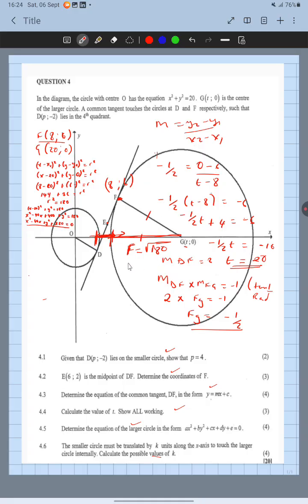So the radius is 6 root 5. What about our radius here? Root of 20 is 2 root 5.